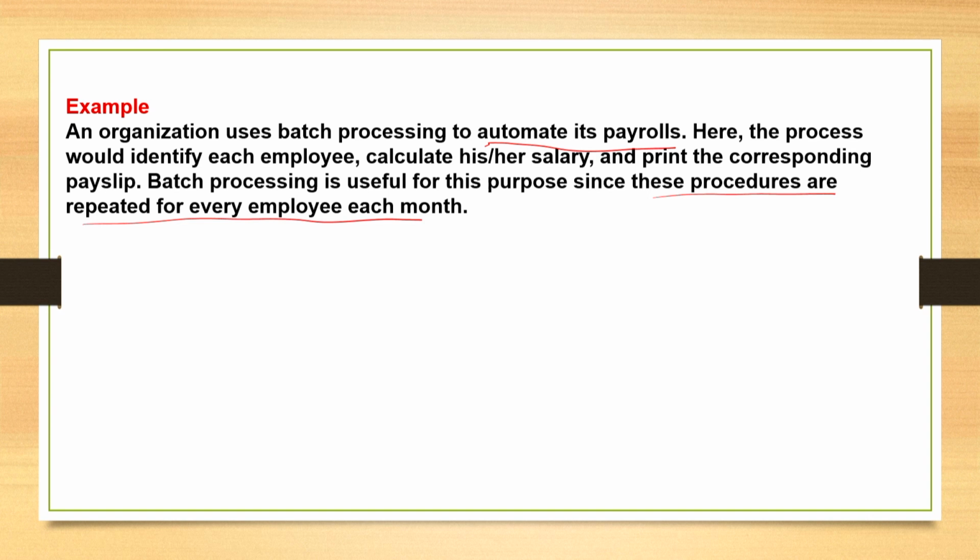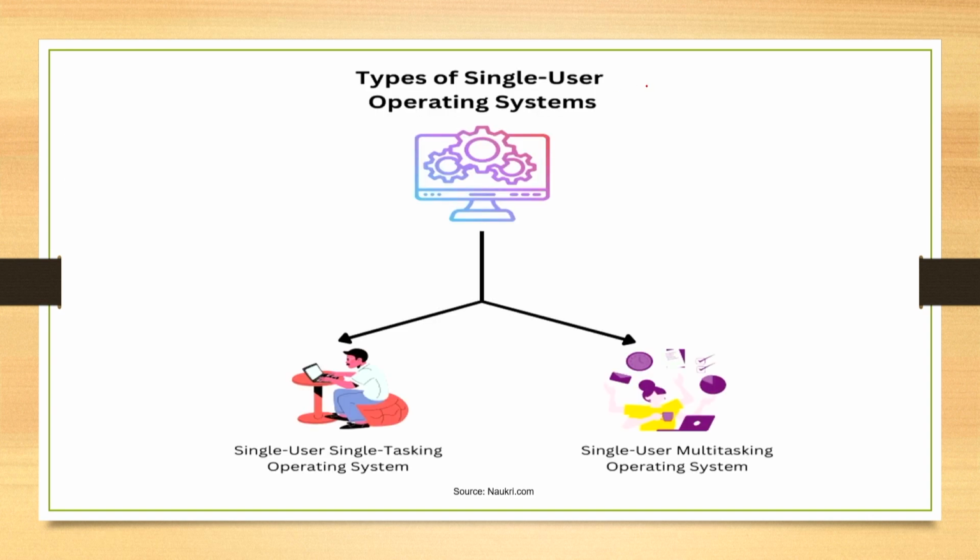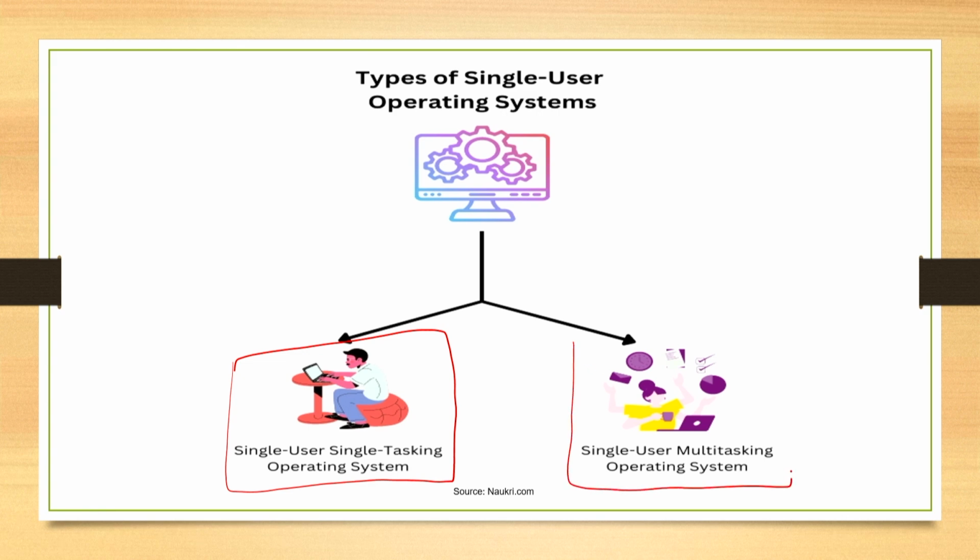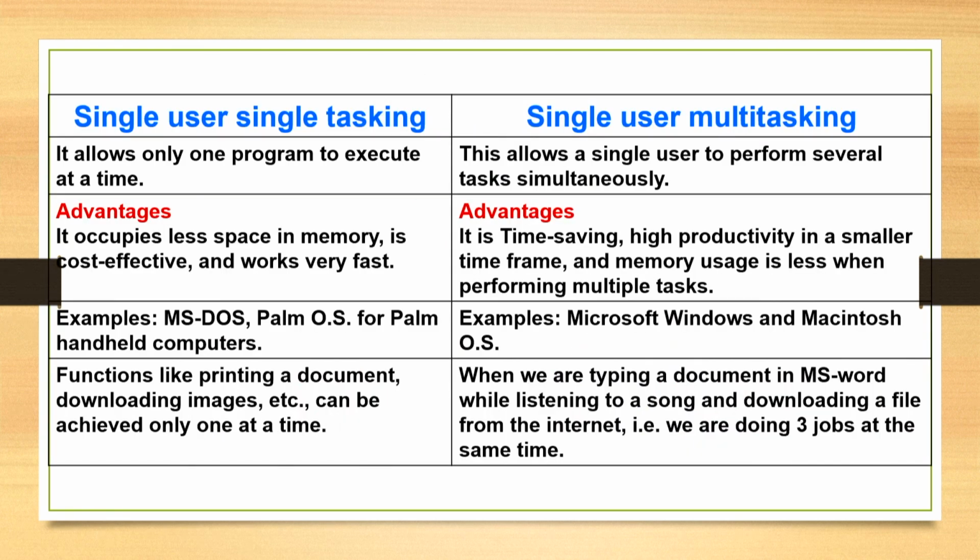Next operating system is a single user operating system. This single user operating system may be single user single tasking, or it may be single user multitasking. Now, let us see what is the difference between these two.